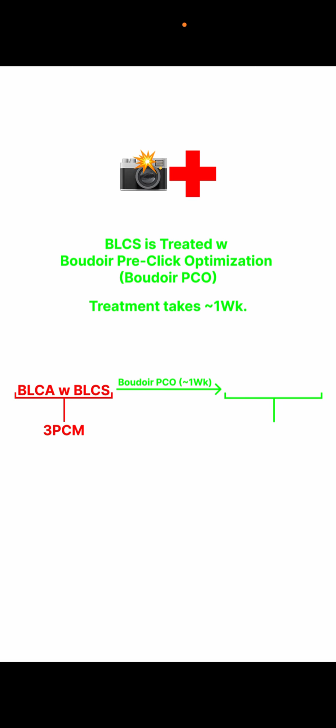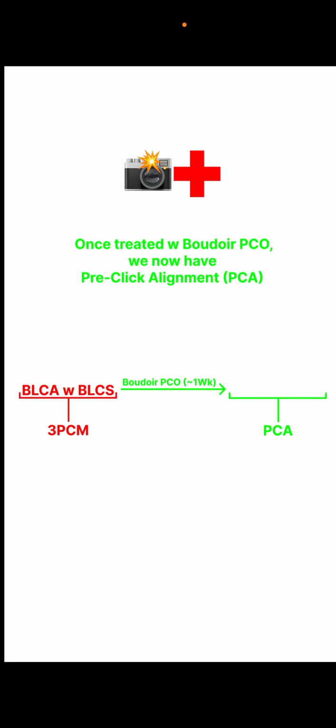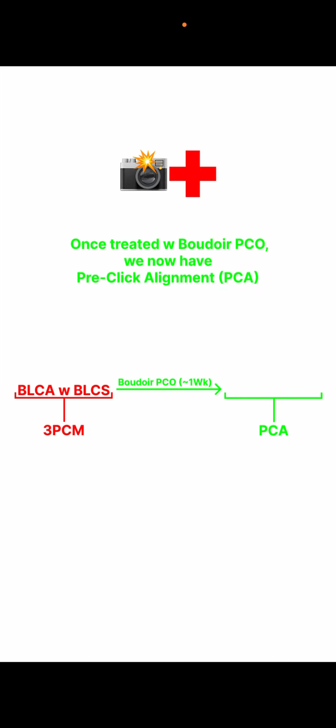And I've never done Boudoir Pico where the ad performed worse, where it got into fewer women's brains out of 100 than when it had BLCS. Once treated with Boudoir Pico, we now have pre-click alignment, so we've solved the 3 pre-click mistakes.